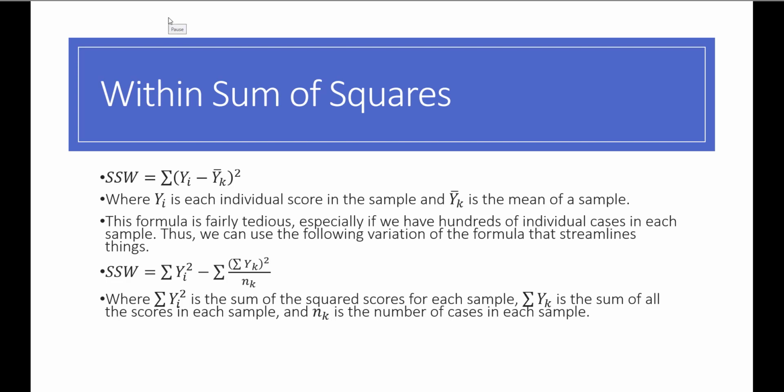So again, we can use this alternative formula that is the sum of the squared scores for each sample. So this again is the individual scores for each sample squared, minus the sum of all the scores in each sample divided by the number of cases in each sample. And so doing this, we can get the within sum of squares. Most of the time, we will have a computer or some sort of piece of software that will calculate this for us.